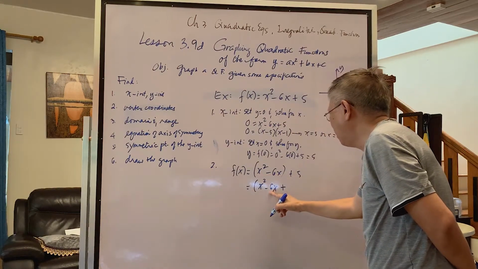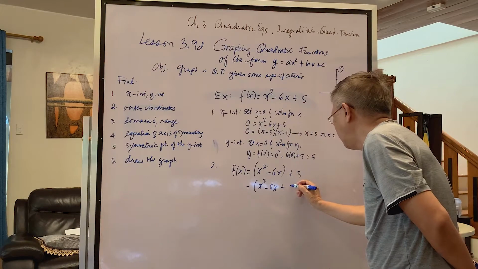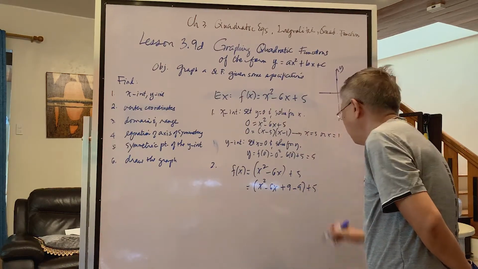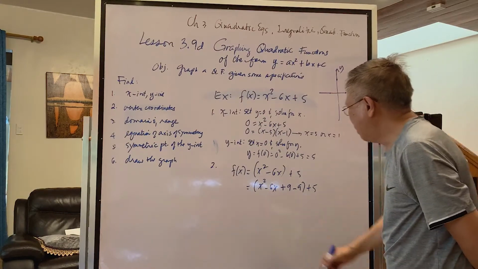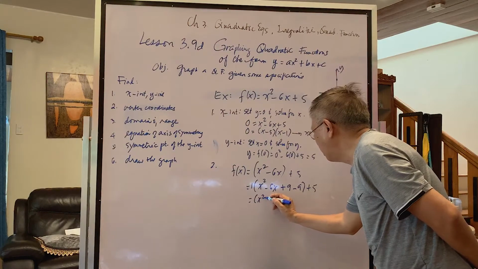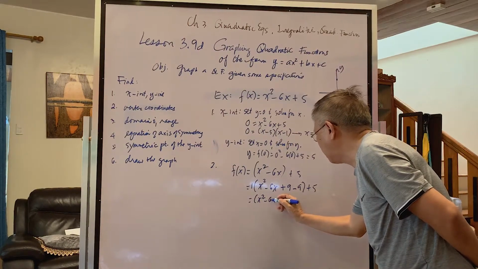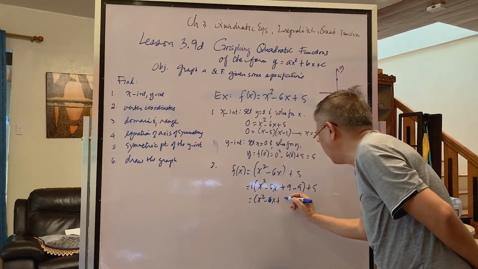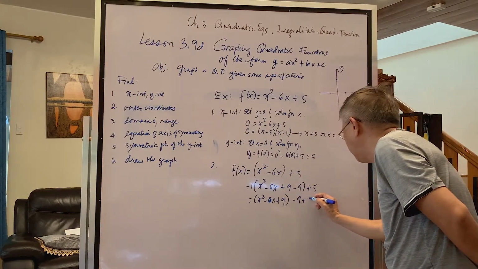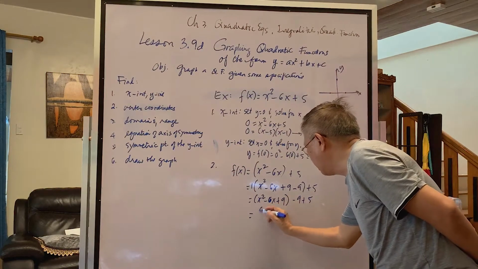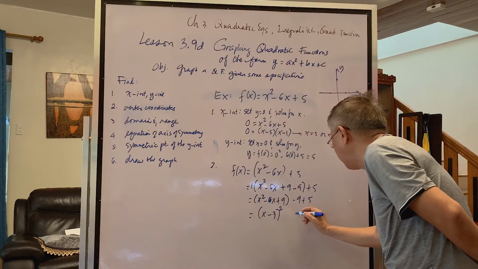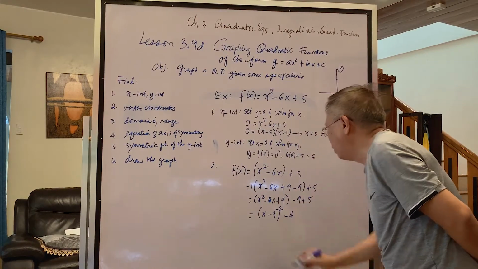You get 1/2 of 6 is 3, square that is 9, and then subtract 9 as well. And the coefficient of x squared is 1, so no problem. So we group the first 3 terms, which give us our perfect square trinomial, and this is 9 minus 9 plus 5. Rewriting this as a square of a binomial, minus 9 plus 5 is minus 4.